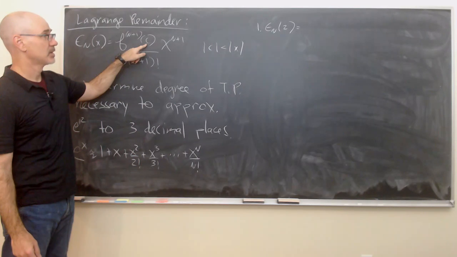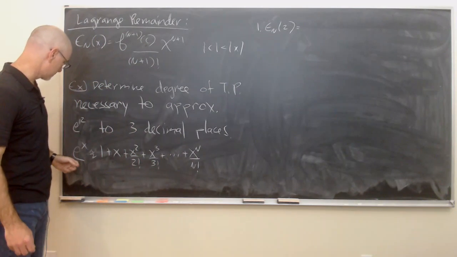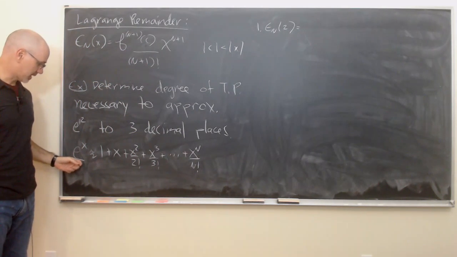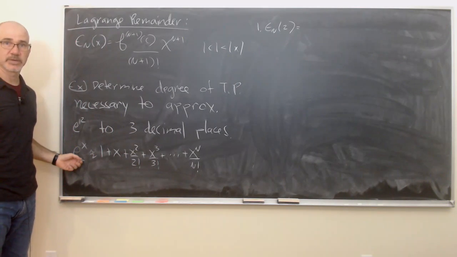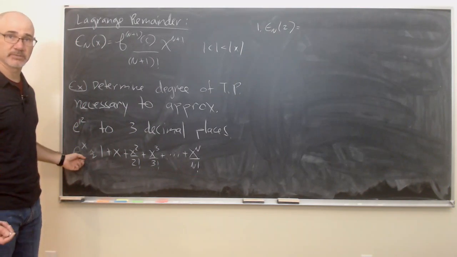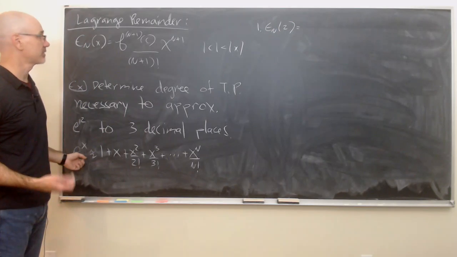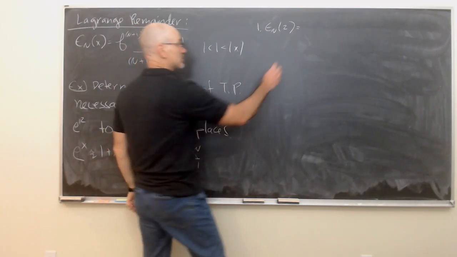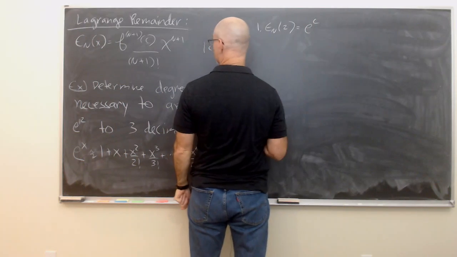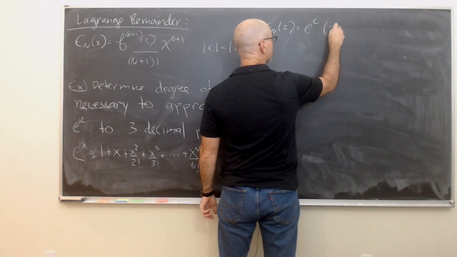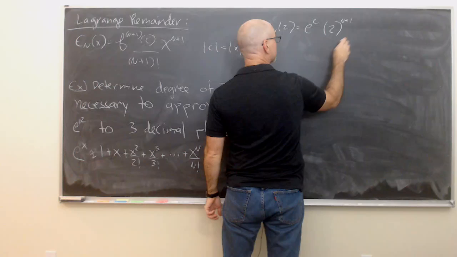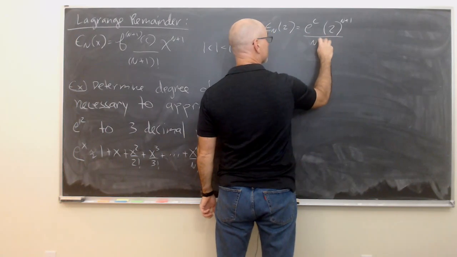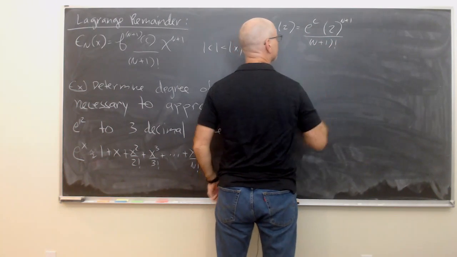But remember, the function here is e to the x. And so this is kind of like the nicest possible situation for derivatives, right? The derivative of e to the x is just itself. So is the second derivative, and the third derivative, all the way out to the n plus first derivative. So this piece just looks like e to the c. And now I'm multiplying by 2 to the n plus 1 all over n plus 1 factorial.